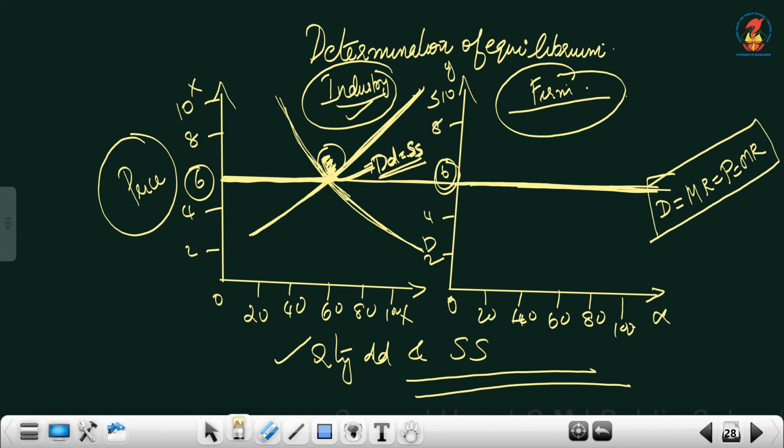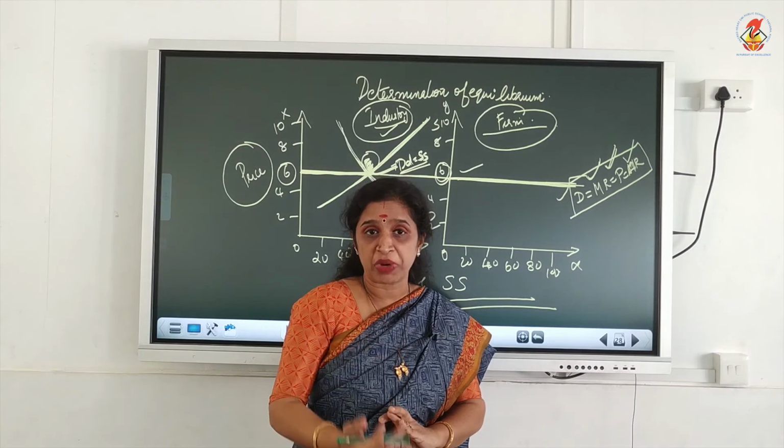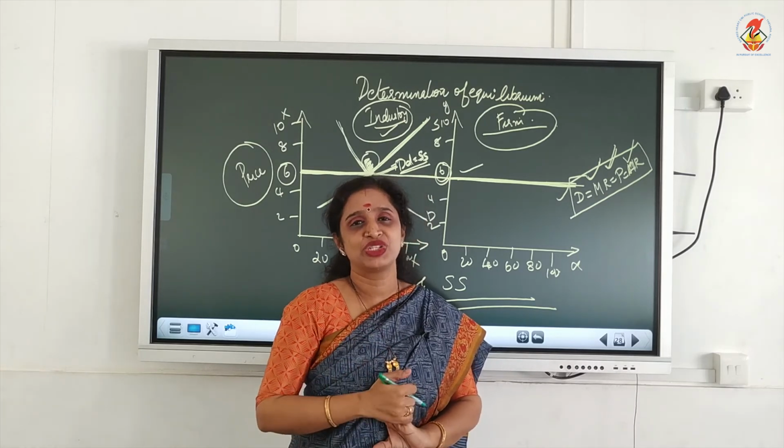Now in this situation we can write an equation. What is the equation that I have written here? D is equal to MR is equal to P is equal to AR. That means demand curve. Firm's demand curve is this one, and MR is the marginal revenue, P is the price, and AR is the average revenue, which means that in a perfect competition, demand is equal to marginal revenue is equal to price is equal to average revenue.